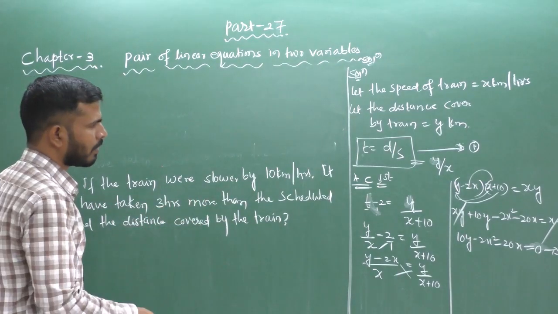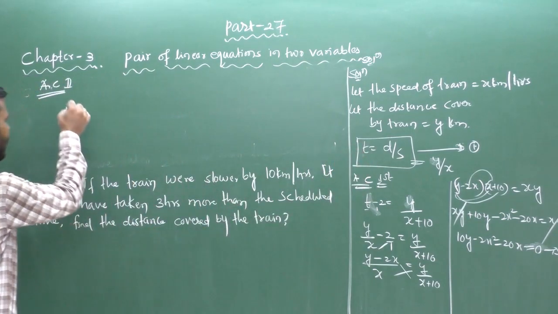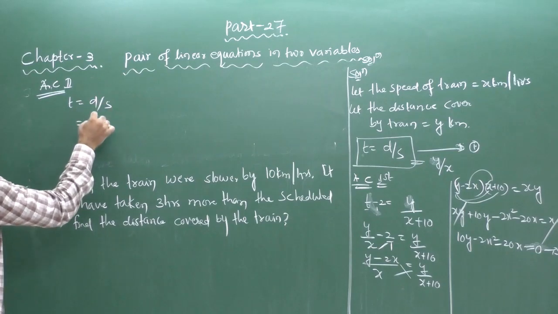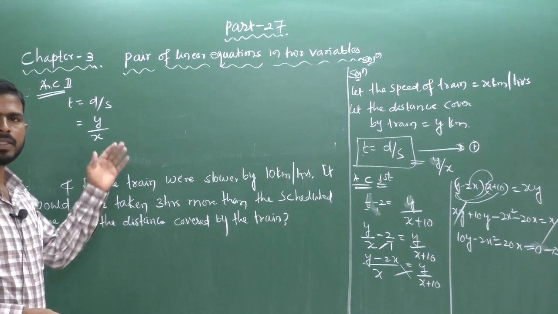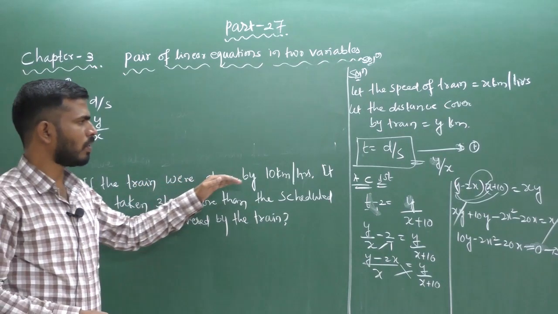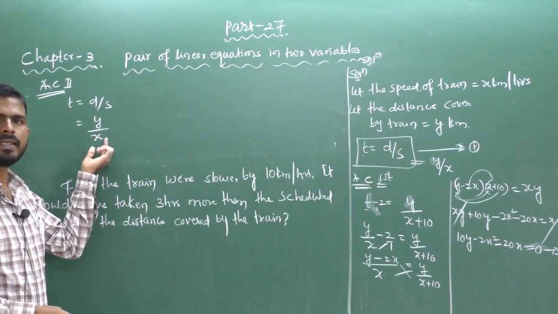So first you have to write the formula, and substitute in this equation: time equal to distance by speed. Distance is y, speed is x. According to the second condition, you have to change in this equation. Here, if the train is slower by 10 km per hour, so the initial speed of the train is x.